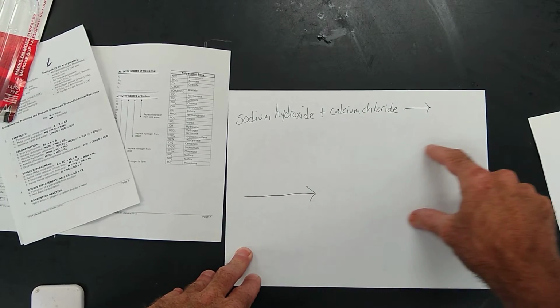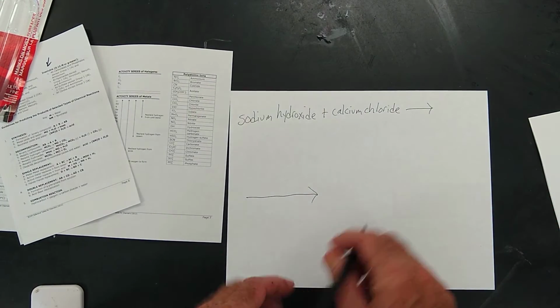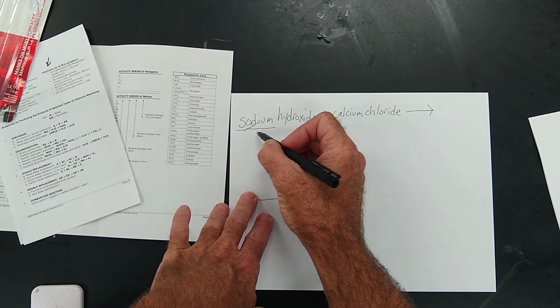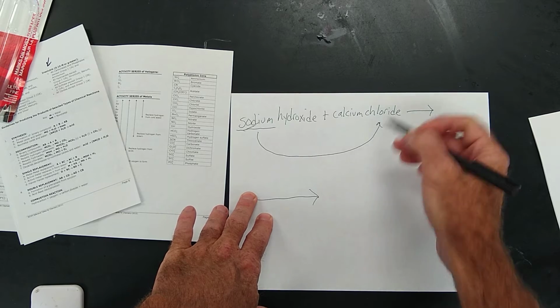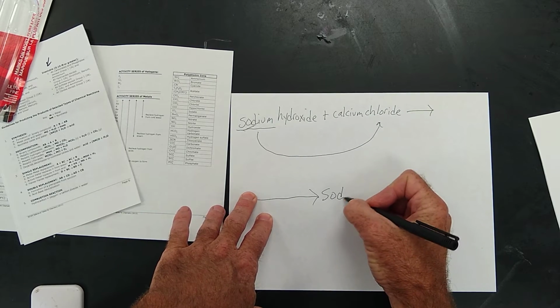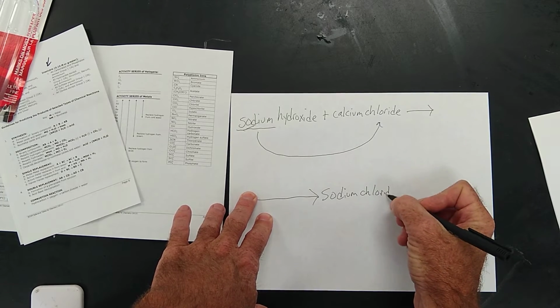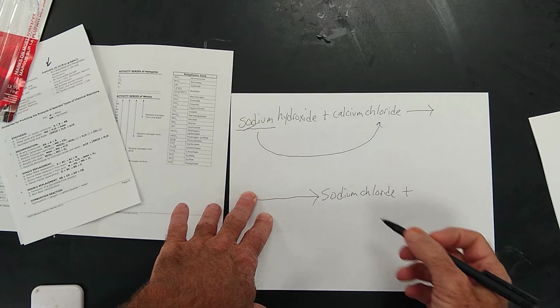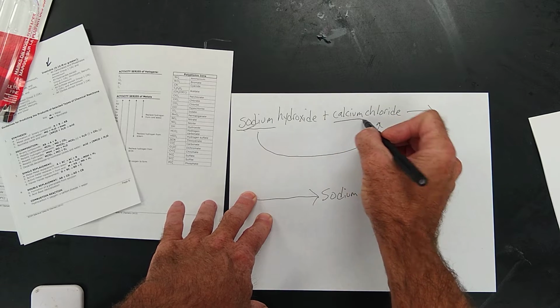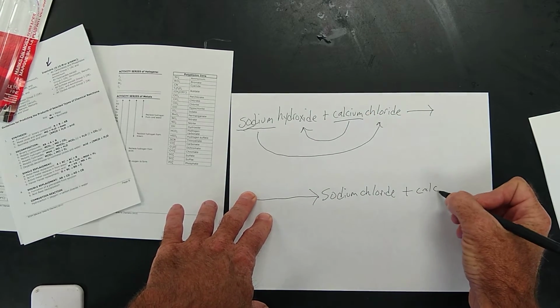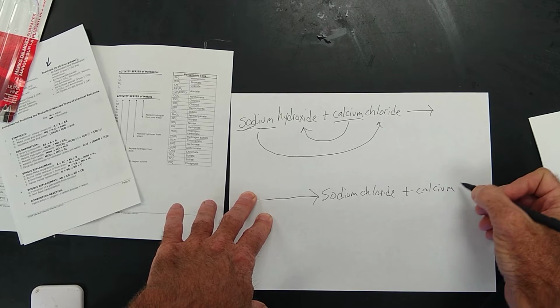If they underwent a double replacement reaction, then sodium will now be with chloride. So it would make sodium chloride plus, and let's see, now the calcium would be with the hydroxide, so calcium hydroxide.